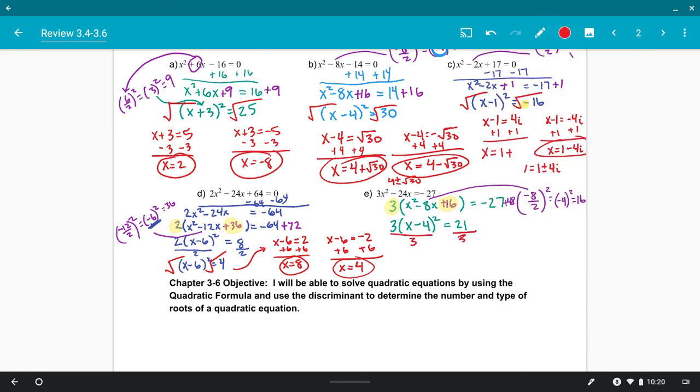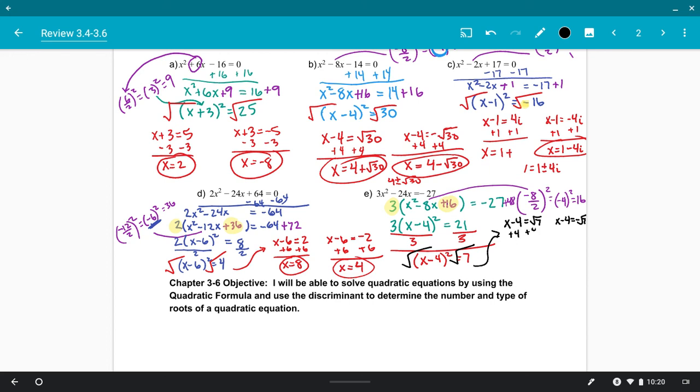Divide by 3, divide by 3. And then we get x minus 4 squared equals 7. Square root, square root. So then up here, we get x minus 4 equals the square root of 7, or x minus 4 equals the negative square root of 7.